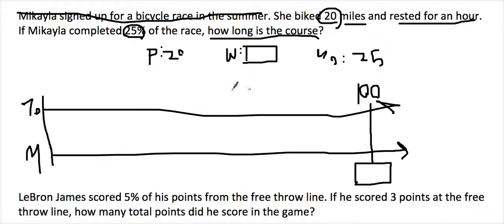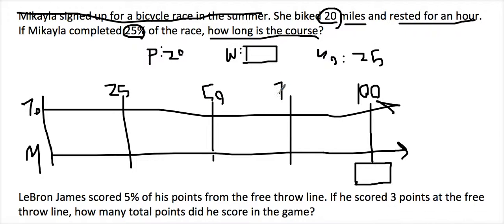To do this, I want to go ahead and break my double number line into 25% increments. That means pieces that are each worth 25%. How many lines am I going to have to draw to make 25% increments up to 100? Right, I'll just have to draw 3 lines. 25, 50, 75.